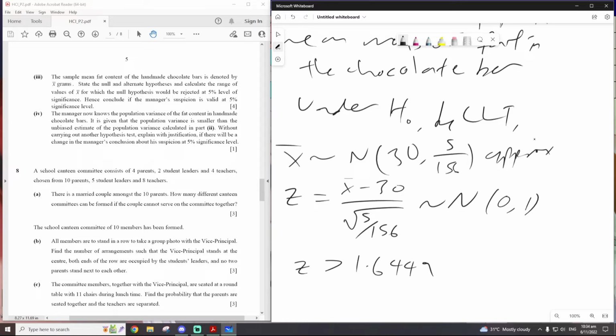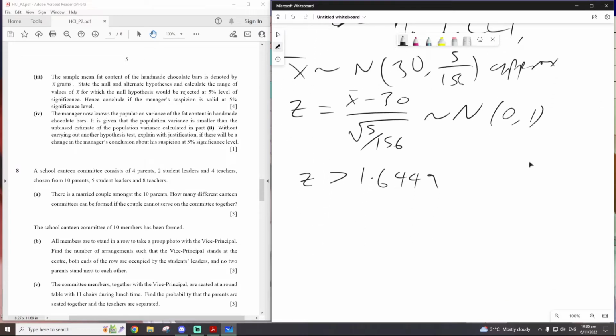Then you can find the set of values from here, and you will get X bar has to be greater than 30.3.